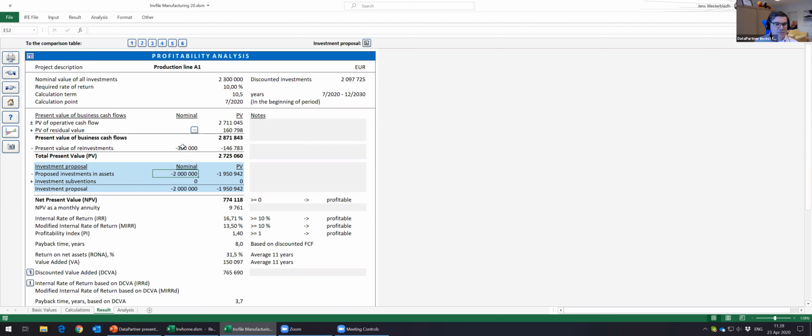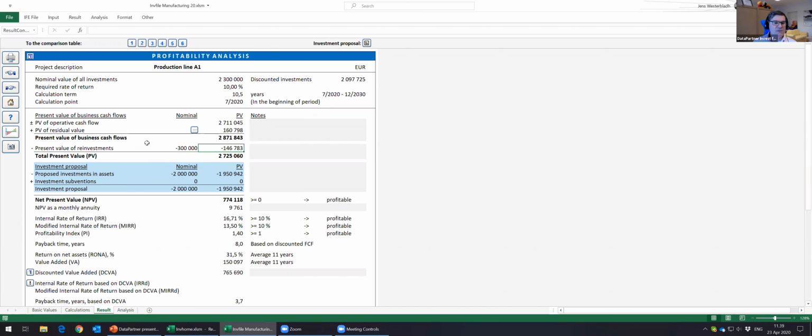This is an investment which will follow because of this investment, but it is 7 years later, so we don't ask for that money now. That's why you can separate.